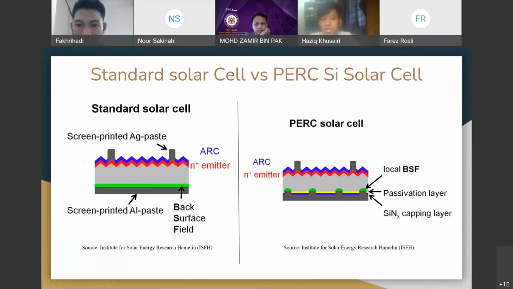To reduce the recombination. Okay, so can you relate to the structure in the diagram? How does it reduce the recombination from left to right? Can you pinpoint the difference?